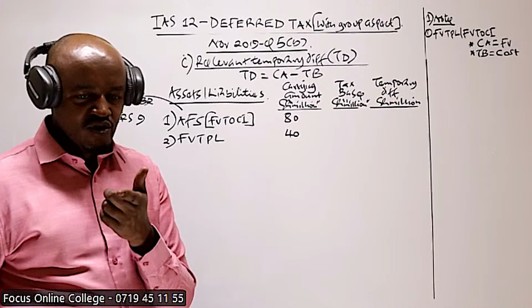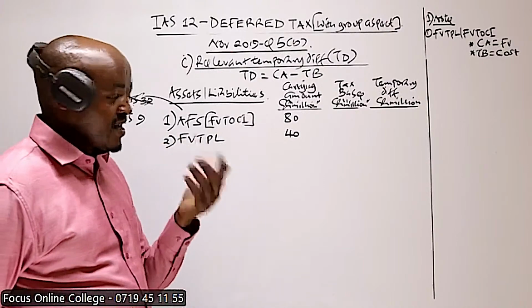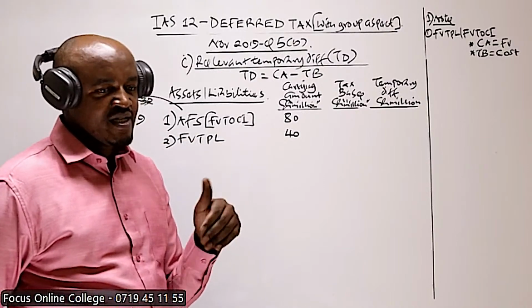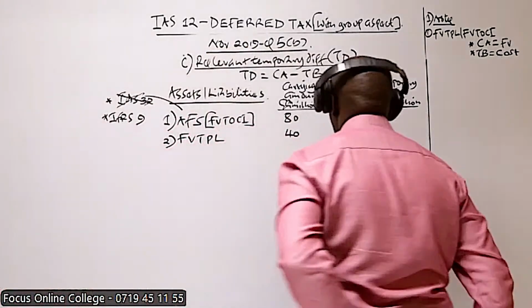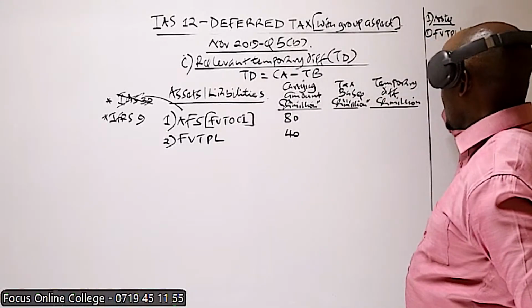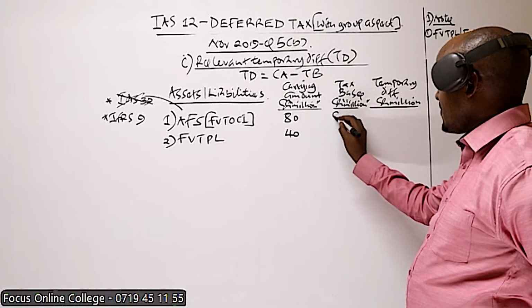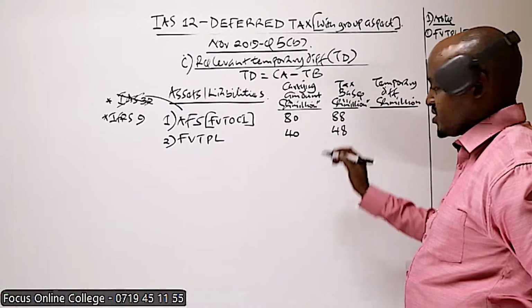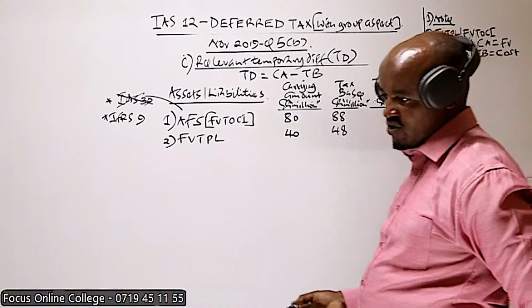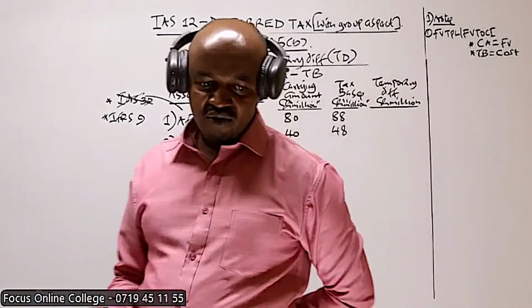Yes, we can, because if their market value reduced by 8 million, automatically they were acquired at a value higher than this. So to get the cost, which is the tax base, we add 8 million here, and also the same case here, 8 million. That will give us the cost, because their market value reduced by 8 million.